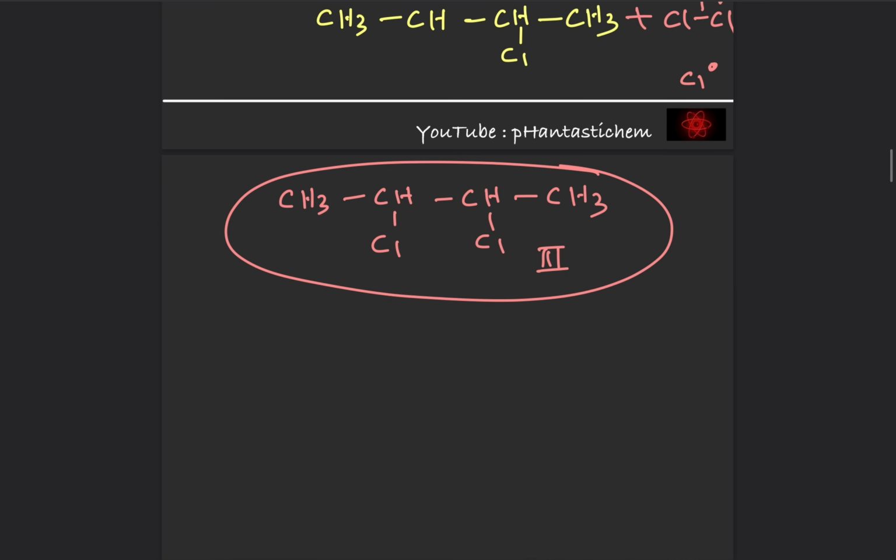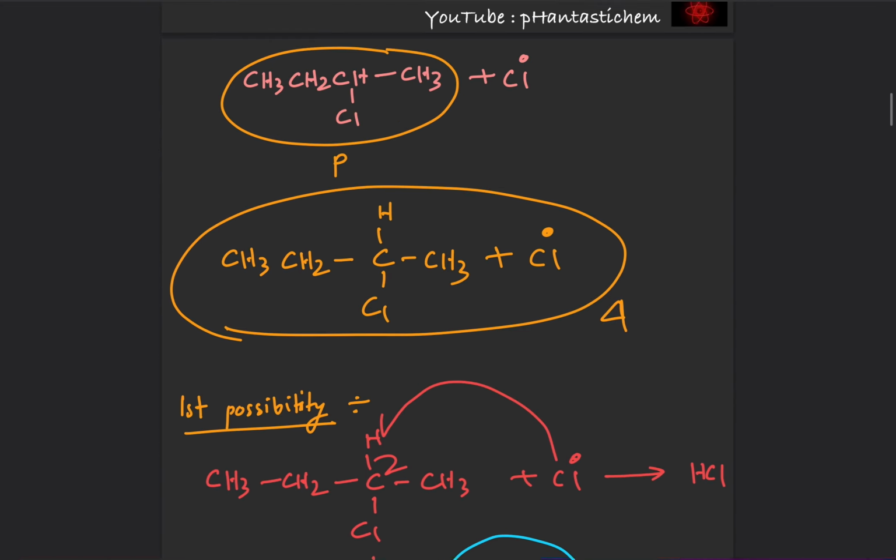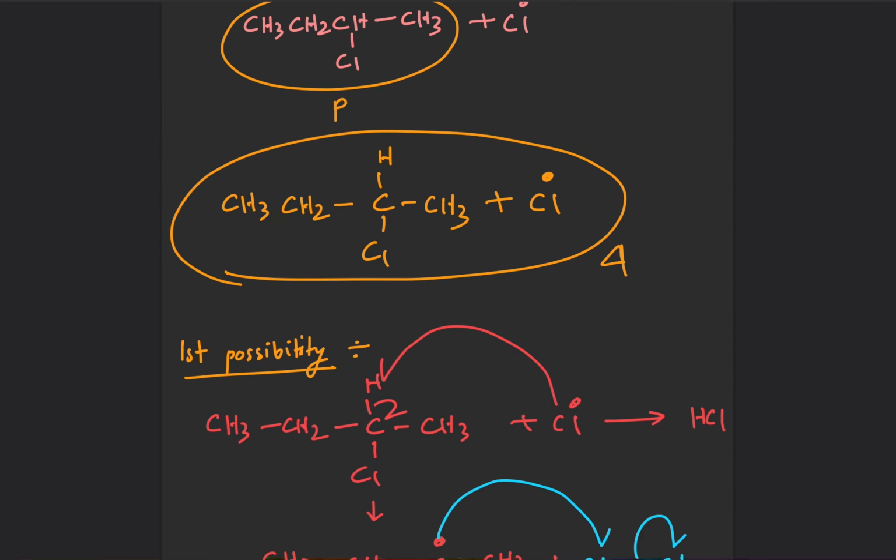Okay, and the fourth possibility is, if you remember, in the first case we reacted Cl radical with hydrogen of C1, second case Cl radical with hydrogen of C2, third case Cl radical with hydrogen of C3, fourth case Cl radical with hydrogen of C4.